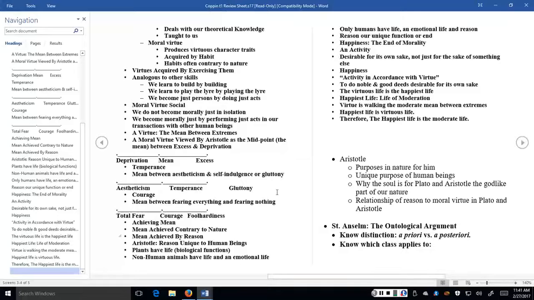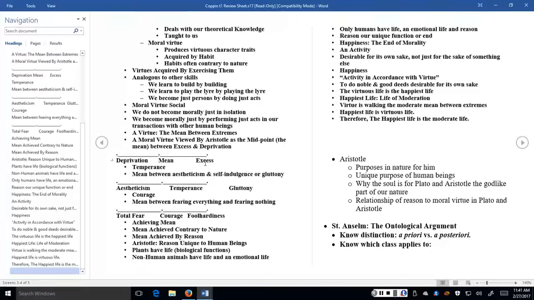Now, I said when we went over this that where Aristotle pushes the envelope, broke new ground in philosophy, was in this general definition of a virtue.